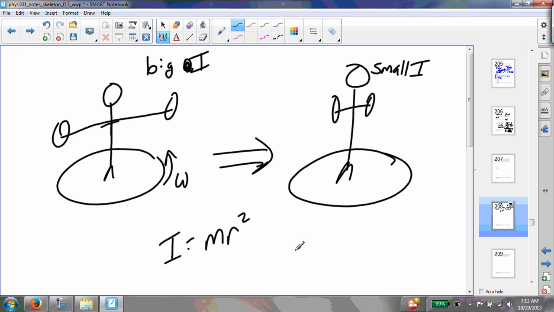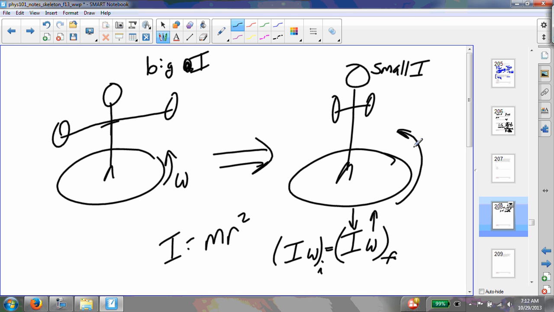Since I know that the angular momentum I omega is conserved, that he always has the same angular momentum, if I have an I that goes down, then my angular velocity must go up. So I get a much bigger angular velocity. He spins a lot faster.